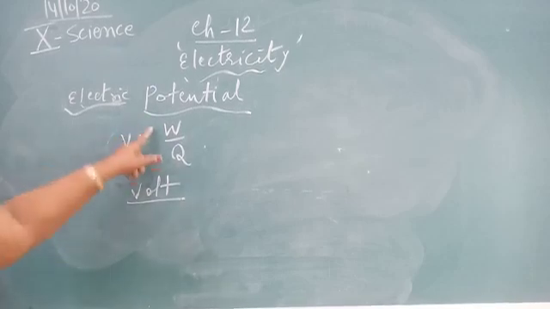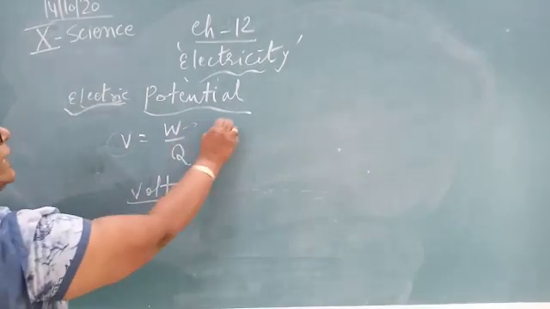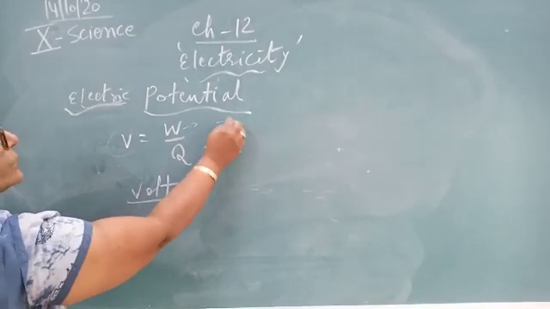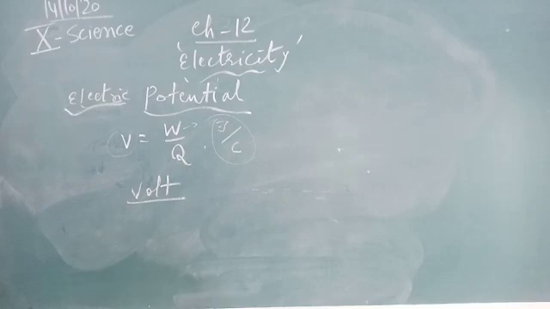So the value will be 1 upon 1, and the answer will be 1 joule per coulomb. What is the unit of work? That is joule. And what is the unit of charge? That is coulomb. So joule per coulomb is known as volt.